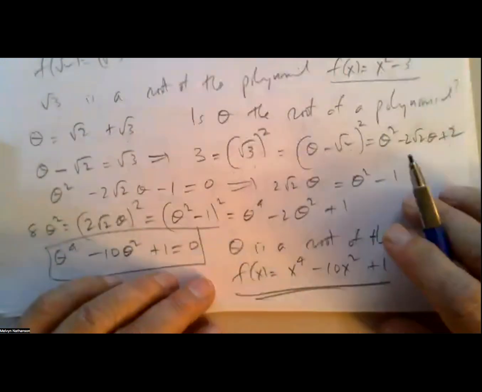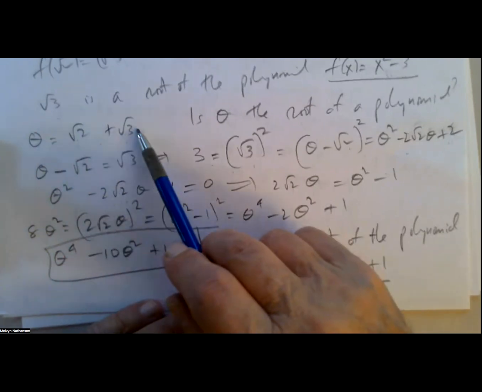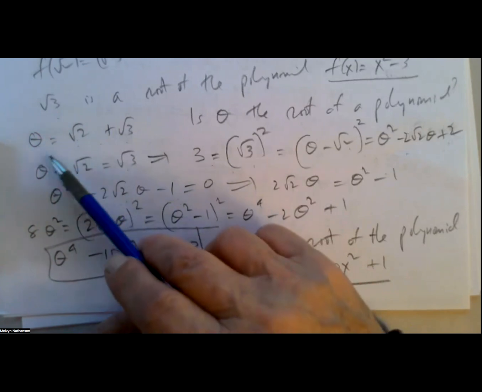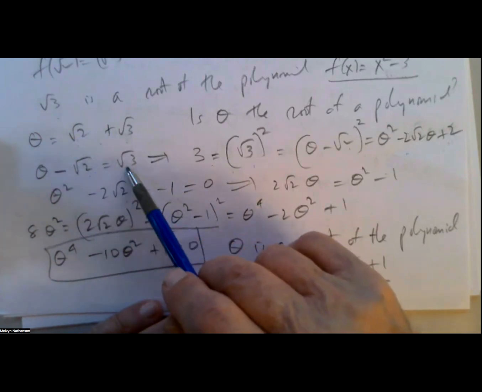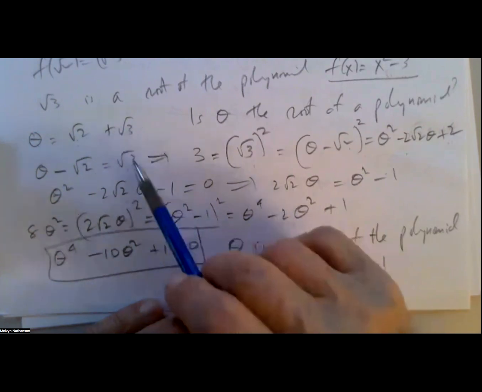Professor, can you explain again how you got negative 10 theta squared? Sure. So I have theta is root 2 plus root 3. So theta minus root 2 is root 3. Is that okay? Yes. I just subtracted root 2 from both sides of this equation.